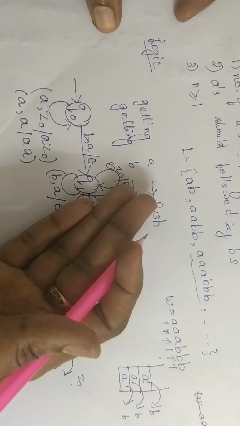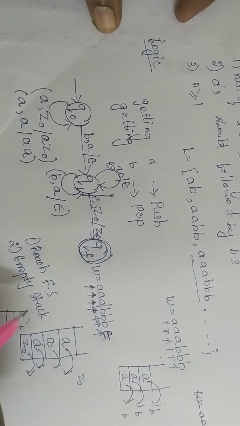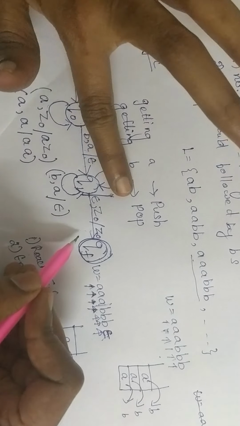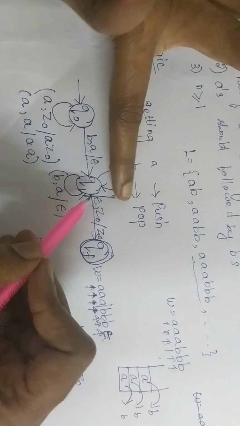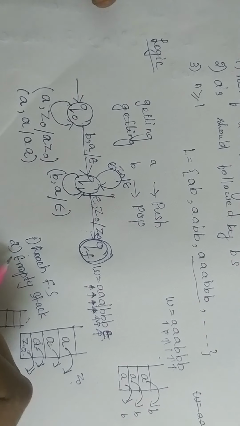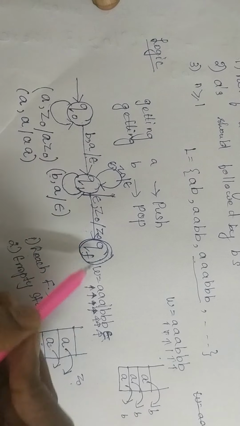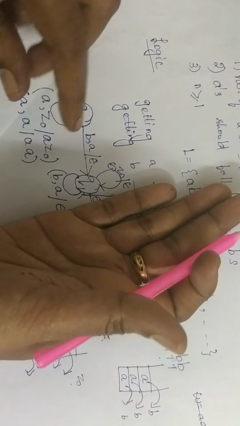So in this way also we can accept. So there are two types of acceptance in pushdown automata. Reaching the final state, that is one. While reaching the final state, this transition will not come, and while emptying the stack, this is the transition. Okay, so up to this we can complete.